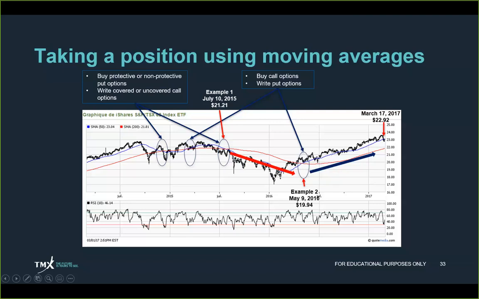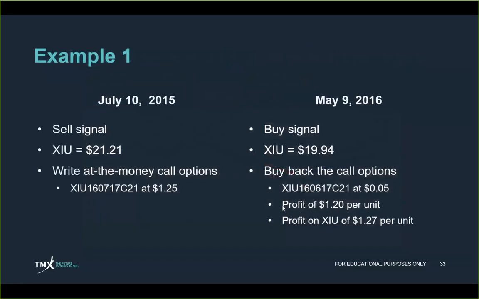Maybe buy a few more calls, right? And so on and so forth. So you can use technicals to help build a position as well by looking at some of these trigger points and just taking action when certain criteria is being met.